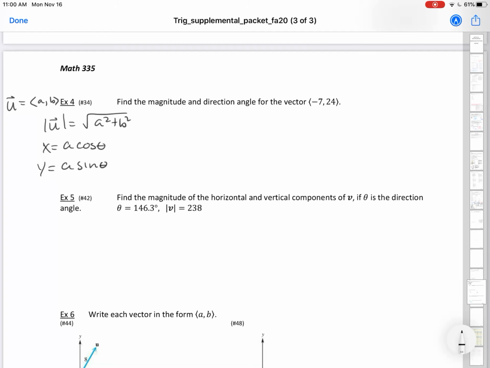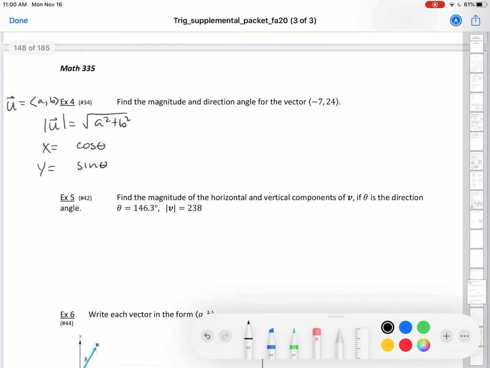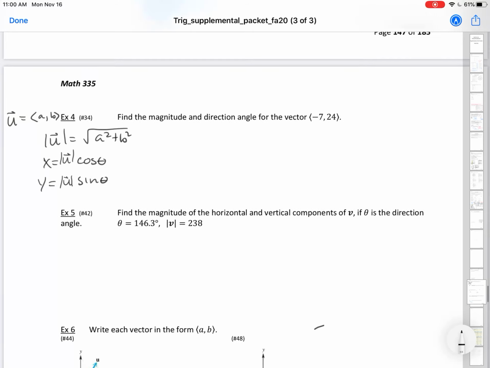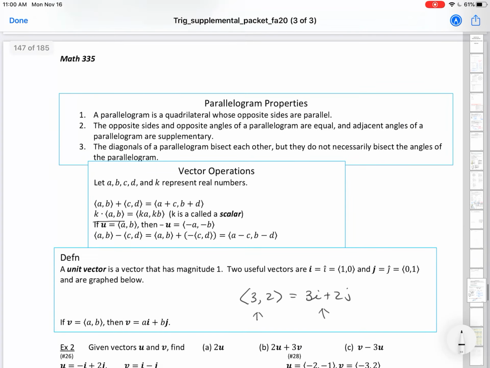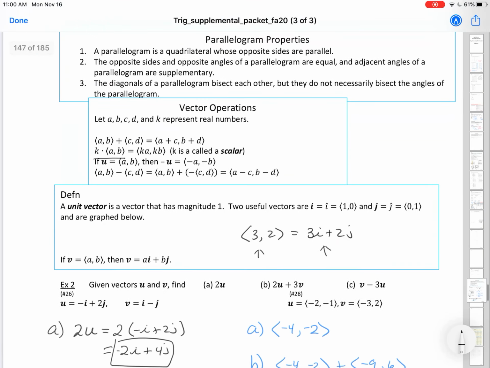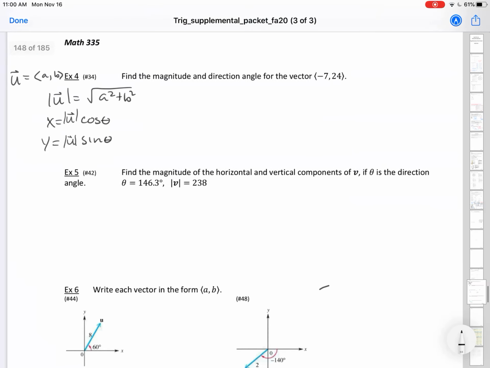Oh, apologize. That is not the right symbol to use, not a. But I should be saying the magnitude of u. Okay, so where am I getting that? I'm getting that from here, right? But it just makes logical sense in this regard.